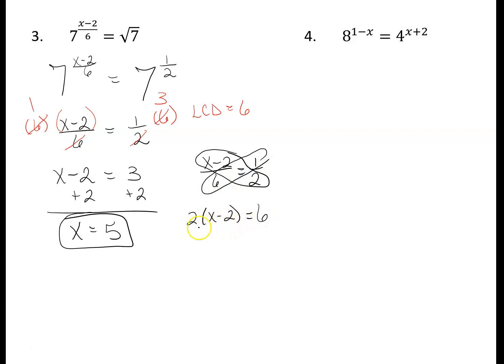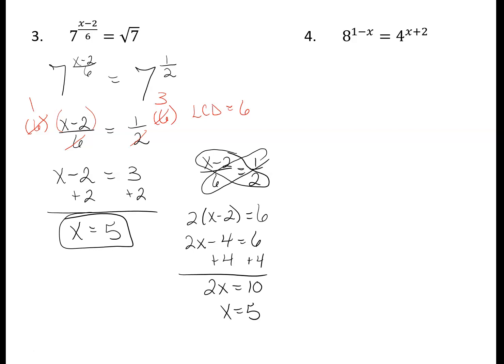And I can either distribute the 2 or divide by the 2. We'll go ahead and distribute. And then solve. So 2x equals 10, divide by 2, and we get x equals 5. So certainly if you prefer to solve it that way, then you are welcome to do so.